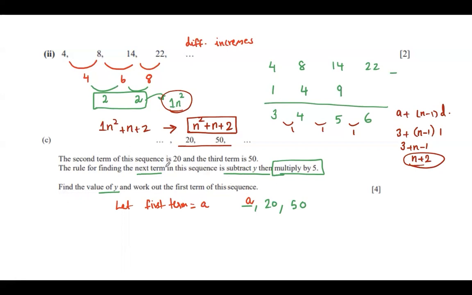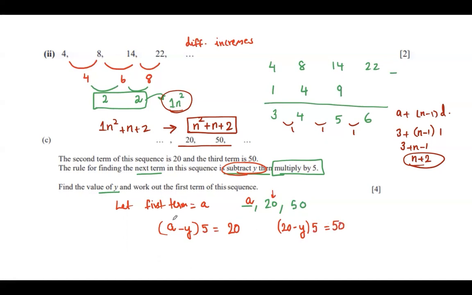So if the first term is a, how do we get to the second one? They say to find the next term, we have to subtract y. So a minus y, and then you have to multiply this by 5. And we end up getting 20. Likewise, if you want to get 50, you're going to take the second term, which is 20, minus y, multiply by 5 to get 50.